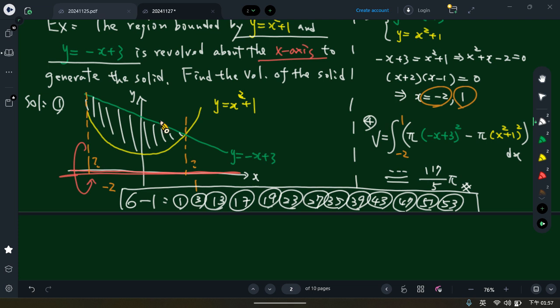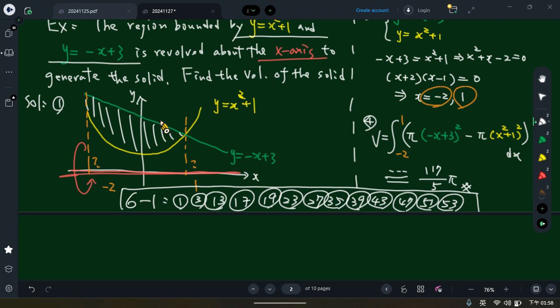I use this to rotate to form a disk, for many disks, right? But if I move the rotation axis from the x-axis to the y-axis, what will happen? The calculation may be a little bit different, but of course you can still follow. Later I will show you an example. You can also use the disk method or washer method to get the result.